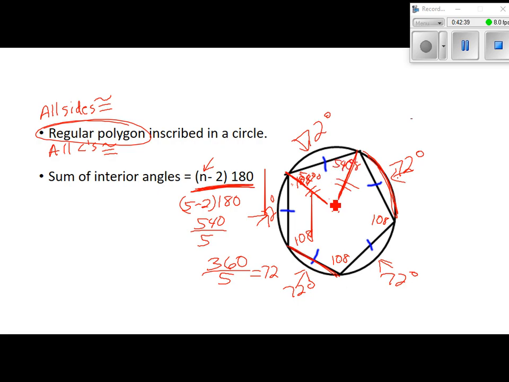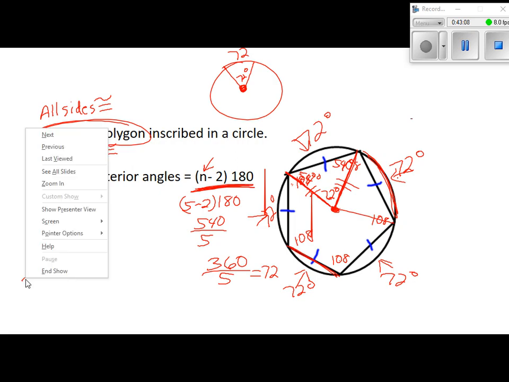Could we find this angle? 72. We could have found that angle being 72 because of another rule from a while back: if the vertex is at the center and this arc is 72, this angle has to be the same, 72. What do you think will be true if I draw in that next triangle? All the same things, and so on, so on.